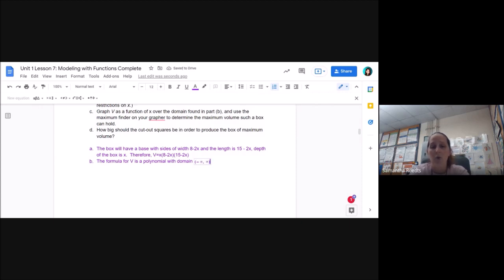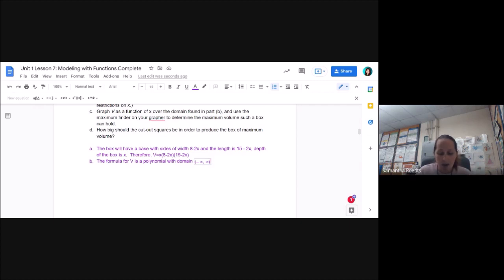If I were to multiply this all the way through, x times 8 minus 2x times 15 minus 2x, I would get a cubic polynomial, but a polynomial. And I know that cubic polynomials have a domain of negative infinity to positive infinity. So that's their x values, no matter how far, it's going to go from negative to positive.